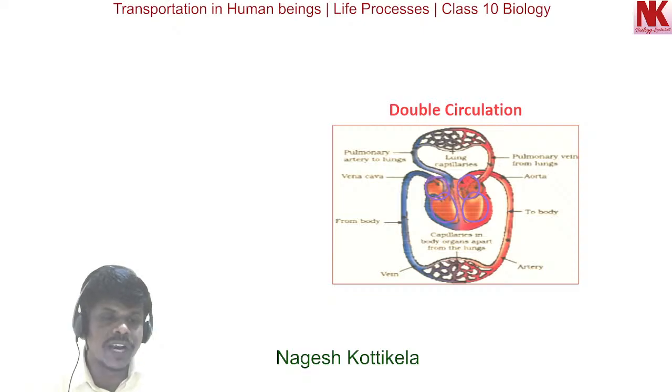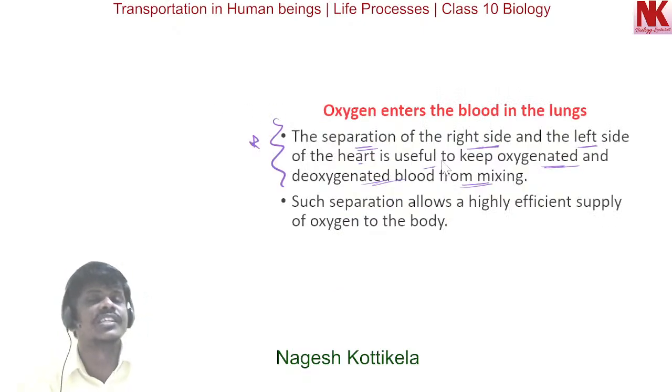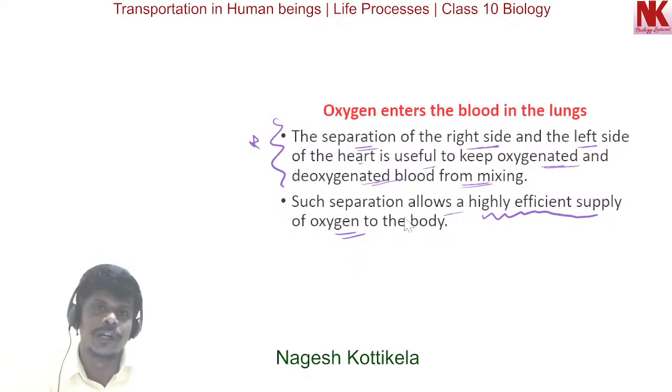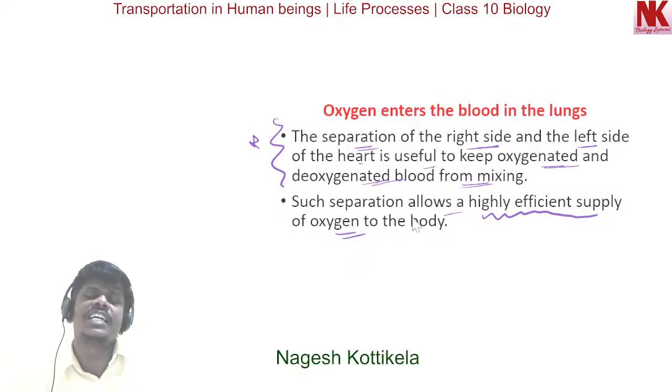This prevents the mixing of oxygenated and deoxygenated blood. Such separation allows a highly efficient supply of oxygen to the body. As the oxygenated blood is not mixing with the deoxygenated blood, there is an efficient supply of oxygen to the body.